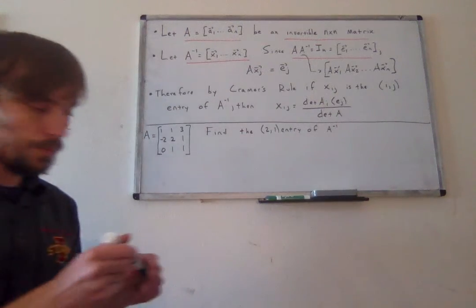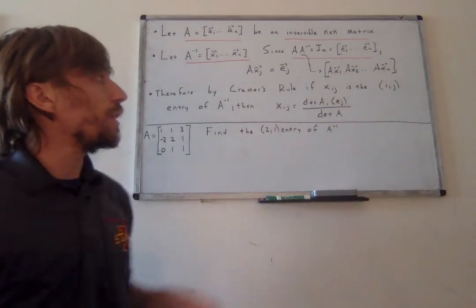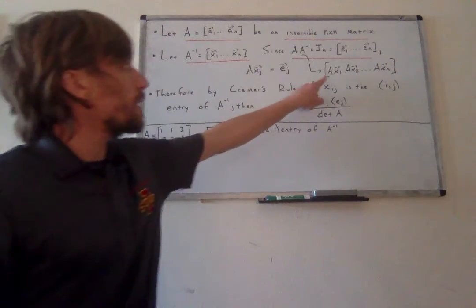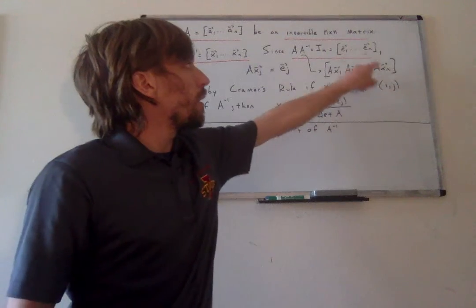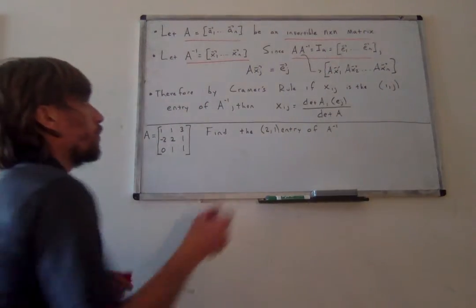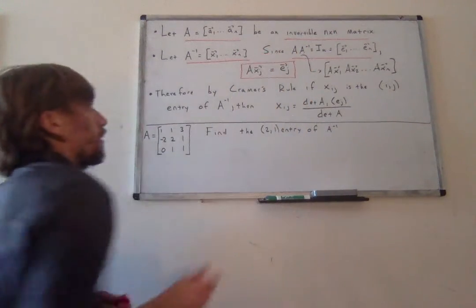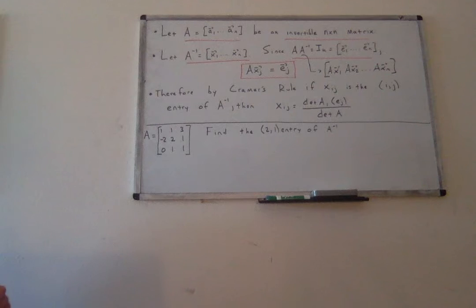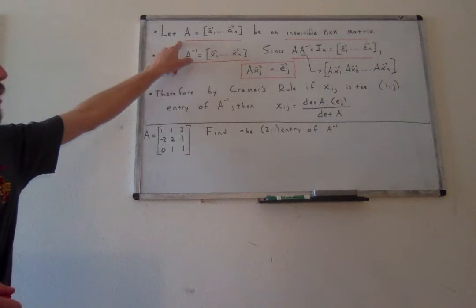This is another way of expressing this in a different notation. But this means that A times x1 has to equal the column vector e1, and so on. This is true for every index, and so we get this relation between the columns of A inverse and the matrix A.